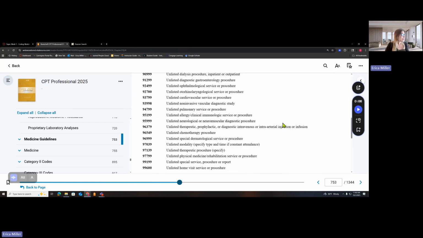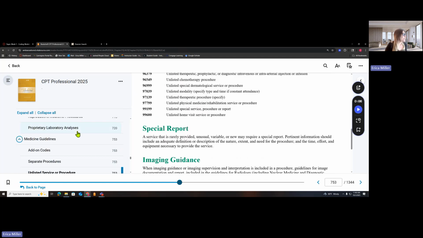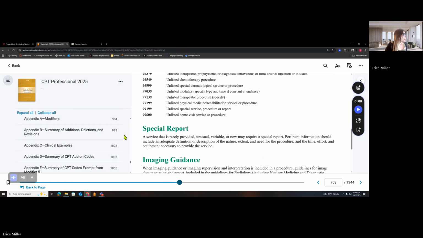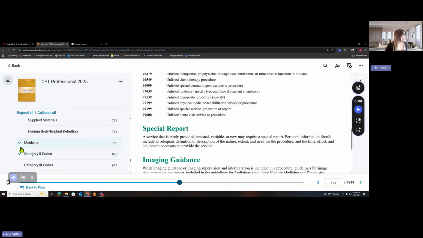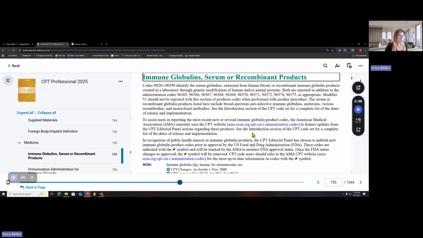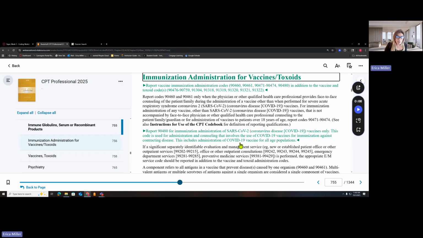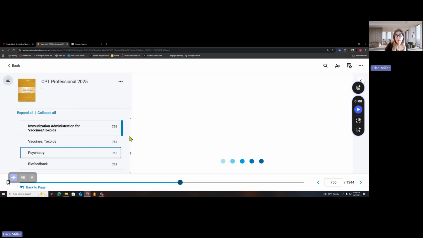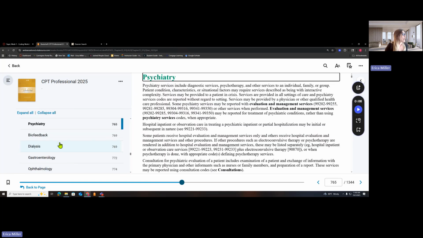So still got guidelines. I'm going to move past that. And I want to get you in just to the actual segment. So medicine, think immunizations, think vaccines, think psychiatry, think occupational therapy, physical therapy, dialysis.